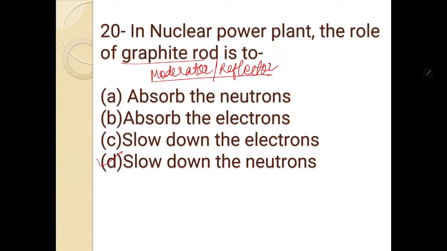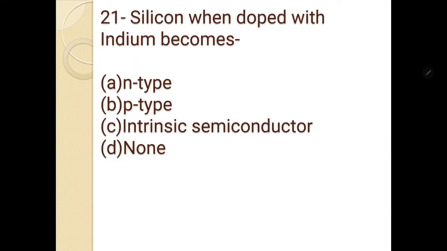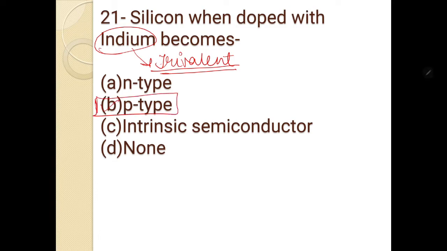It helps in slowing down the speed of the neutrons. The correct option is option D, that is slow down the neutrons. Silicon when doped with indium becomes, indium belongs to the trivalent group, so silicon when doped with indium becomes p-type semiconductor, that is trivalent semiconductor.